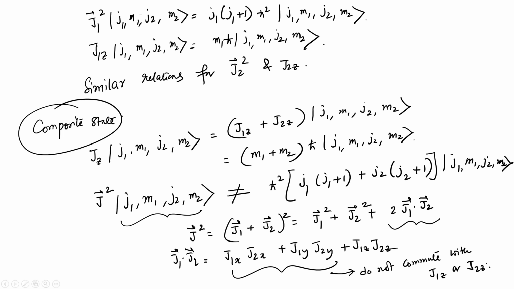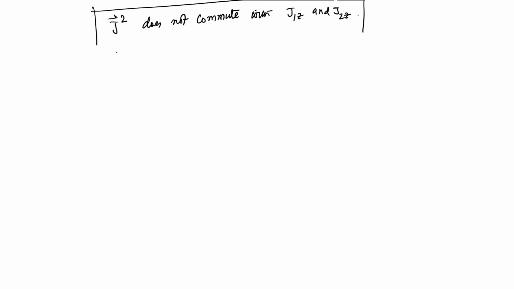Okay. So, that is the problem. So, J square does not commute with J1Z and J2Z. Let me write that down, that is important: it does not commute with J1Z and J2Z, okay, and it is an important thing for us.